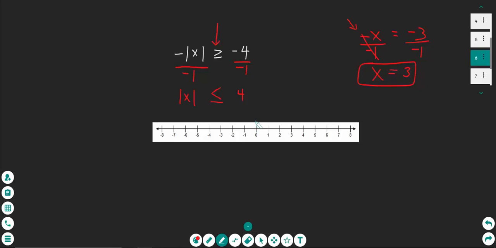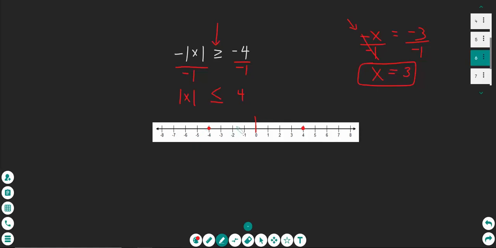Well, here's 0. 4 units away from 0 on this side would be here. Since we could be equal to 4 units, it's going to be a solid circle. 4 units away from 0 on the right would put us here, another solid circle. All right, and what do we want? We want the x's that are less than or equal to 4 units away from 0.